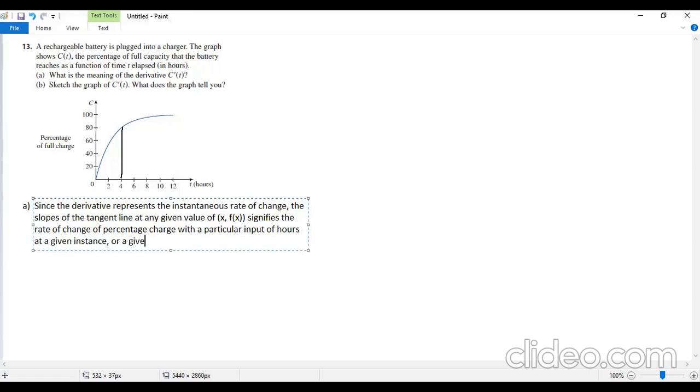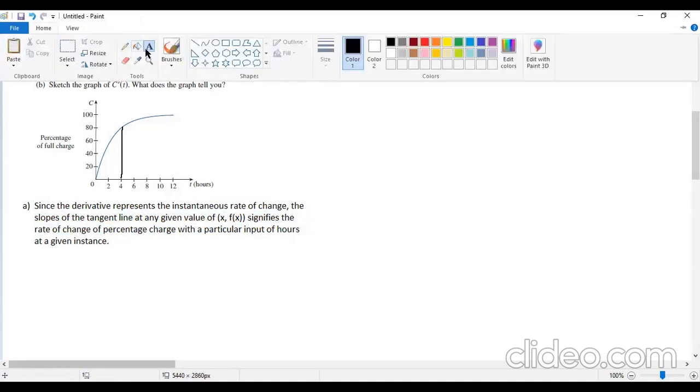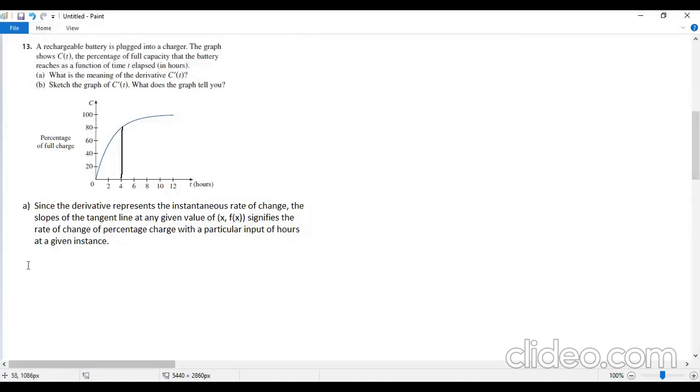So that's the idea. And that just alludes to what it means to take the derivative of something, right?